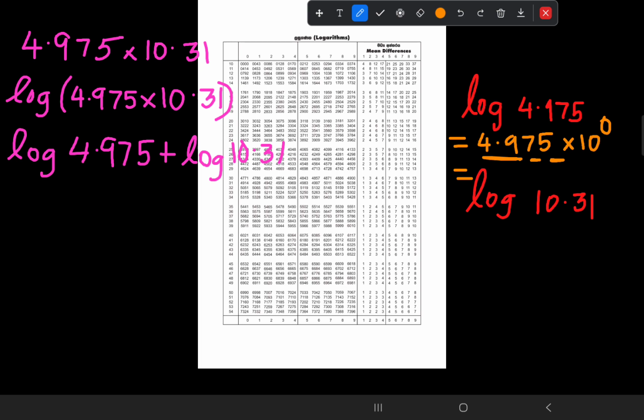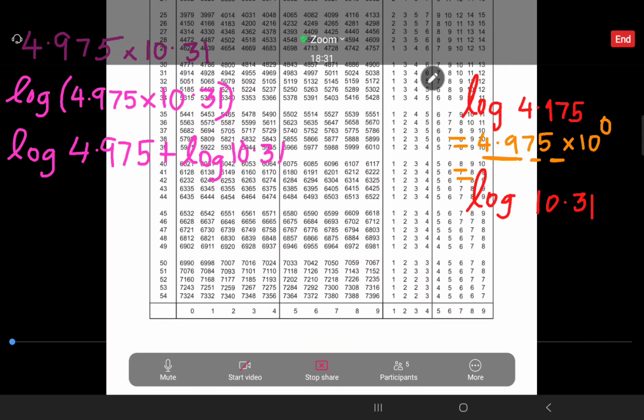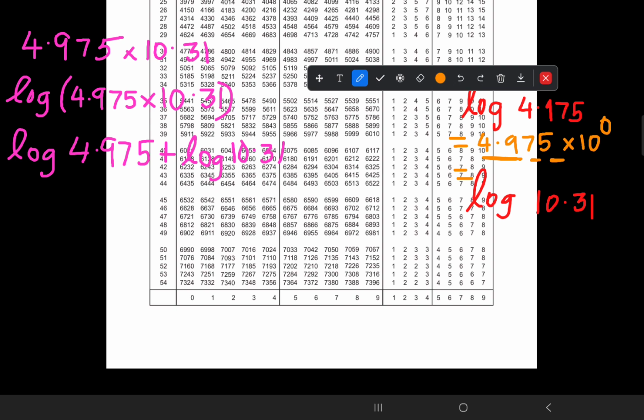Where is our 49th row? Okay, here we have our 49th row. In that, the 7th column, 49th row and 7th column. The 7th column is this one. The 49th row is this one. With that, you should add the 5th mean difference.